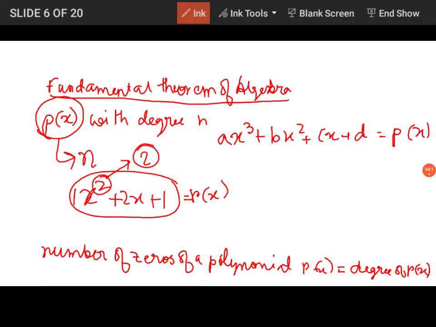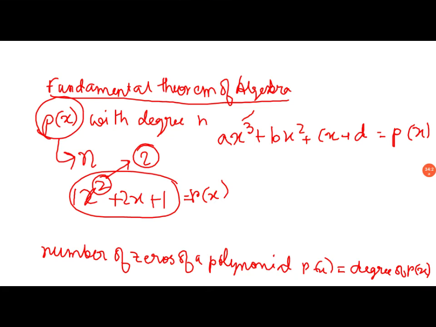You will say that according to the fundamental theorem of algebra, this polynomial will have 3 roots, 3 zeros. Correct? Because the degree of this polynomial here is 3, hence the number of zeros will also be equal to the degree of the polynomial. So I hope that you have understood this theorem too.